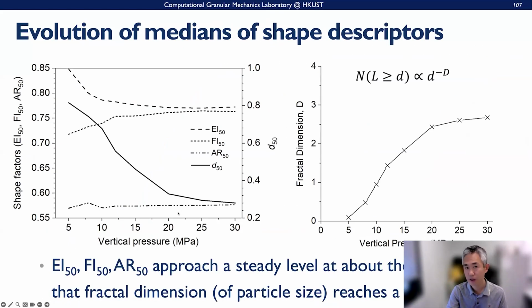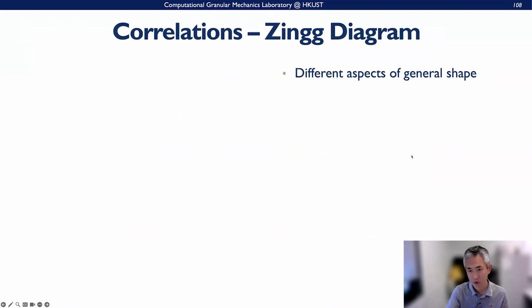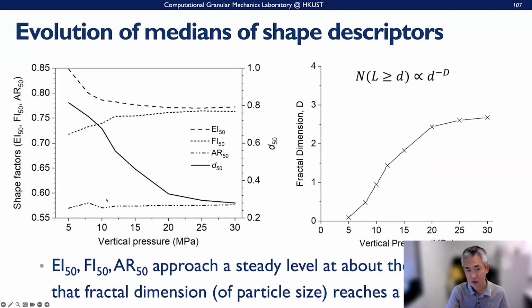We can also quantify the means of this shift using their 50% means, and they all approach the steady state at the high pressure levels here, okay, along with the same pace of the fractal dimension. And so in some way this fractal dimension can be used as a variable to describe the evolution laws for these shape factors.